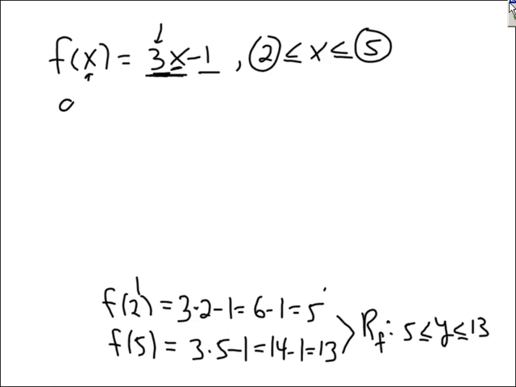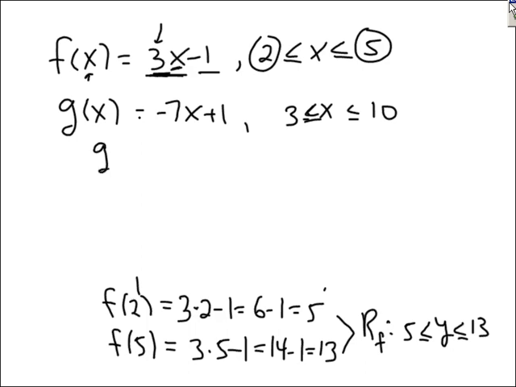For example, if I told you that g of x is equal to negative 7x plus 1, and x goes in between, I don't know, 3 and 10. So you calculate g of 3.